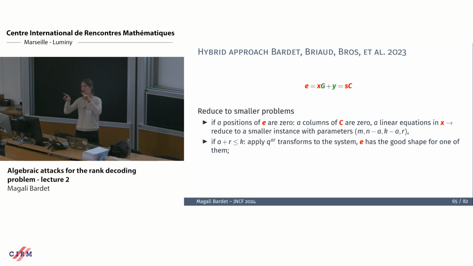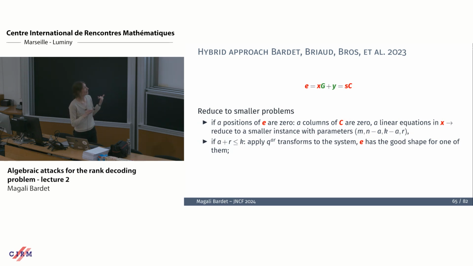You just need to know positions in E that will be independent, and then you can try all the possible combinations, and at some point you will get zeros in E. So you can just try all the possible multiplications by a matrix, and among all of them, one will really have zeros, and when you solve your reduced system, you get the solution, and all the other ones will not have zeros here.